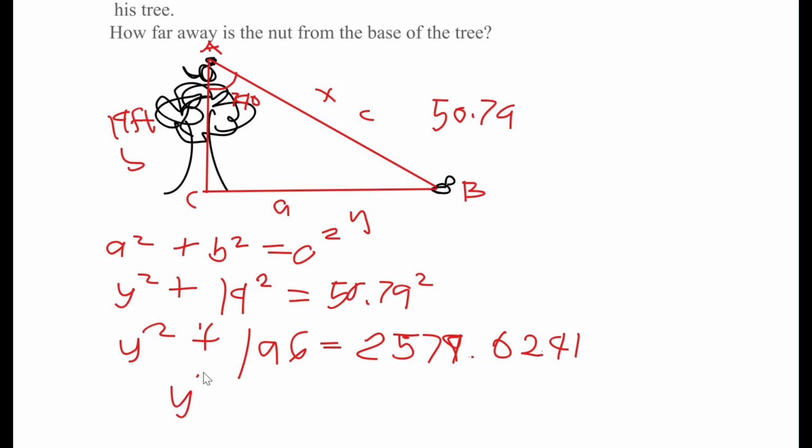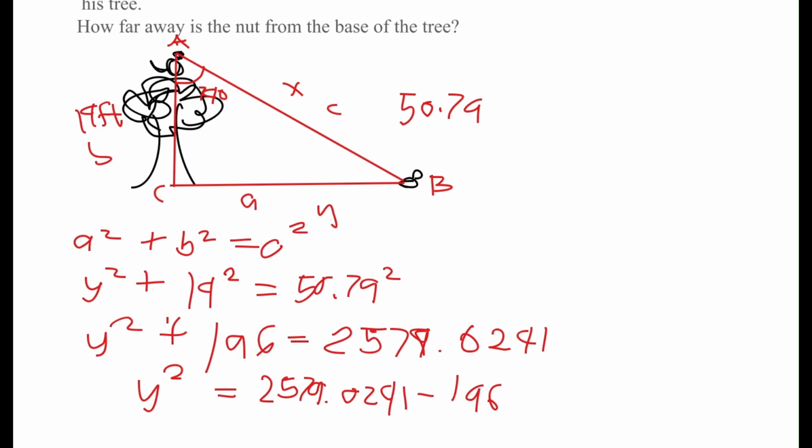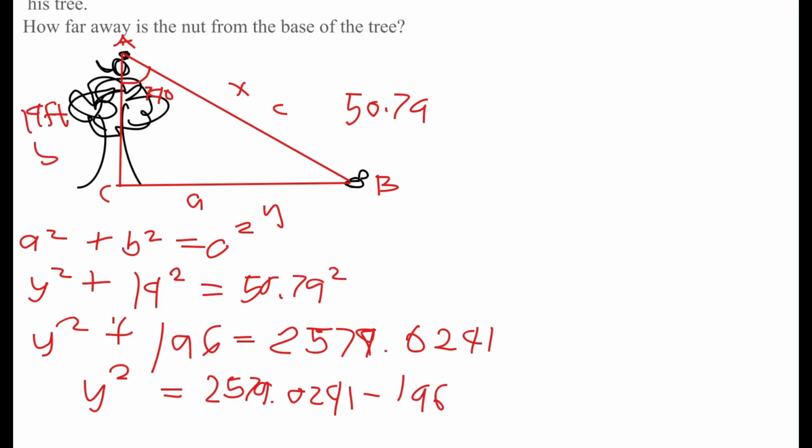So y squared is equal to 2579.6 minus 196, which is 2383.6241.